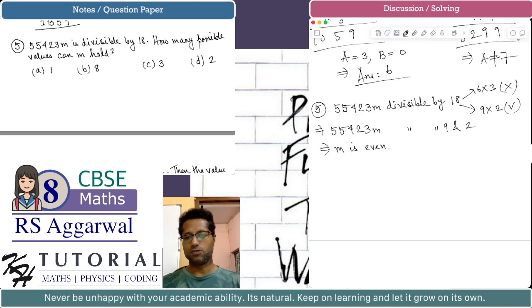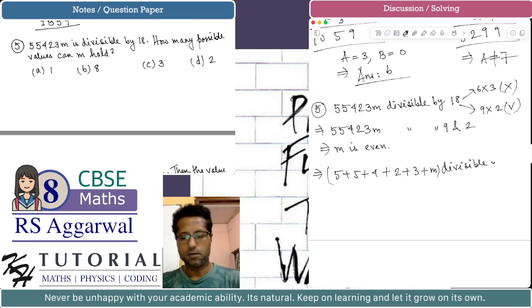Now since the number also has to be divisible by 9, we get that the sum of the digits must also be divisible by 9. So we must have 5 plus 5 plus 4 plus 2 plus 3 plus m divisible by 9.